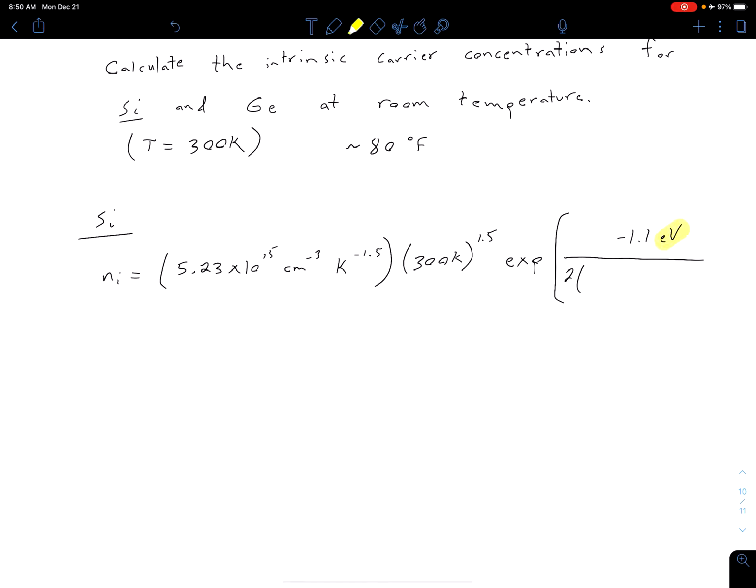Since I'm using eV for my band gap energy, I'm going to use the Boltzmann constant value that has eV as well, so that was 8.6 times 10 to the minus 5th eV per Kelvin. Remember, there was another value in joules per Kelvin, but in this case we want it in eV. And then our temperature, again, we're assuming room temp, which is approximately 300 Kelvin.